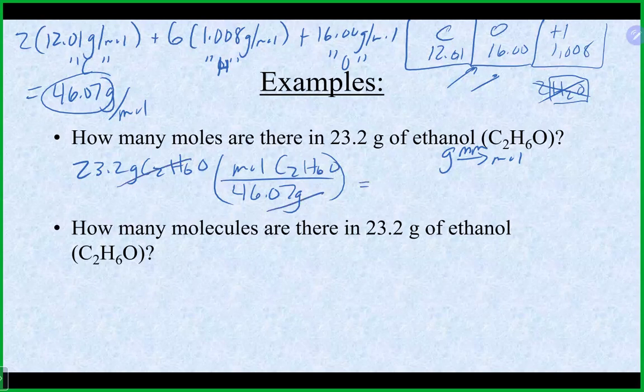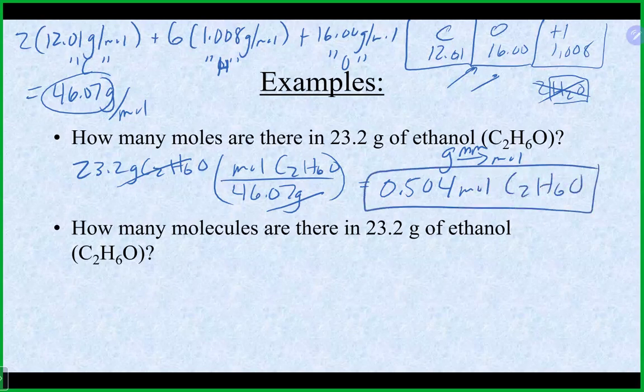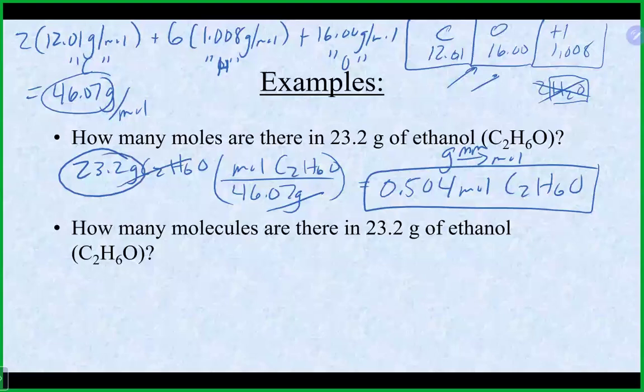We'll get rid of those grams, and we will end up with 23.2 divided by 46.07. And here we will end up with 0.504. Here I am going to round because it is one of the answers we are looking for here. And we would end up here with 3 sig figs, once again, based off of the first number.